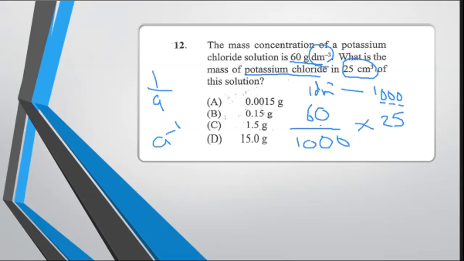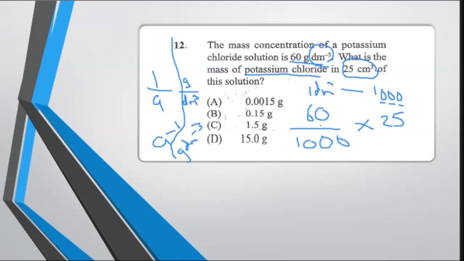So 60 would be the same as 60 grams over dm cube, or 60 grams dm to the minus 3, right? 1 over A is the same as A to the minus 1.